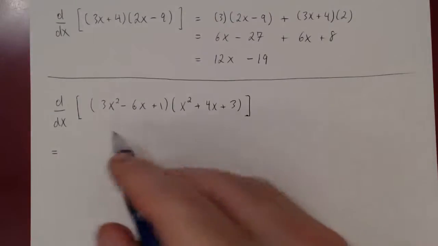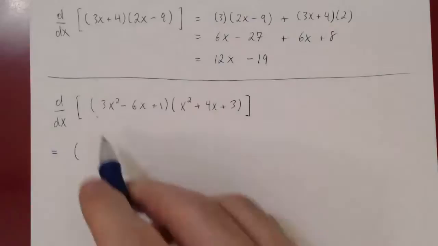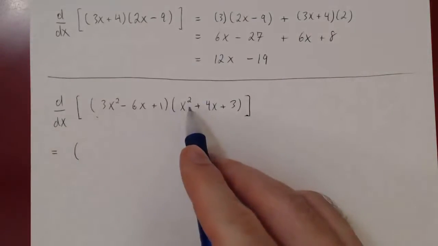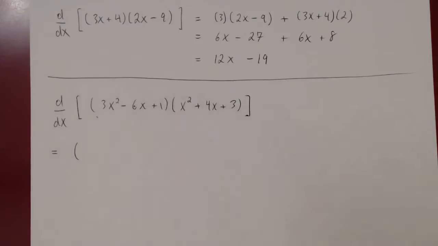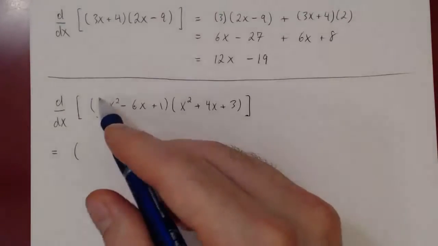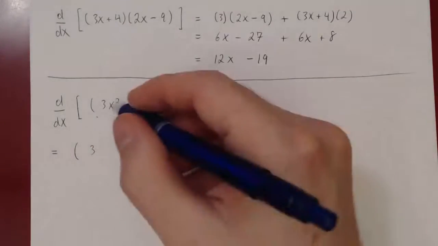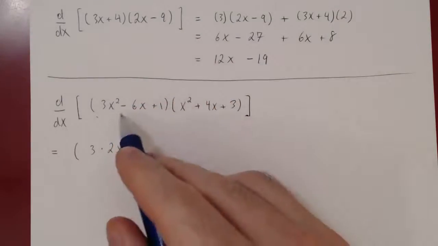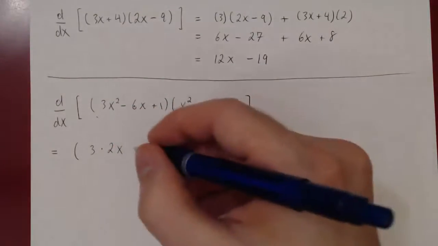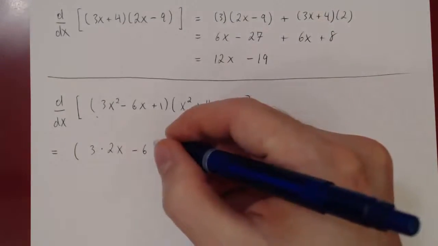So the product rule says derivative of the first function, let's differentiate this one term at a time, right? The derivative over a sum or difference of functions is the sum and difference of the derivatives. So 3 is a constant multiple, it stays there. So it's 3 times the derivative of x squared, which is 2x, minus the derivative of 6x, this is 6, plus the derivative of 1, which is 0.